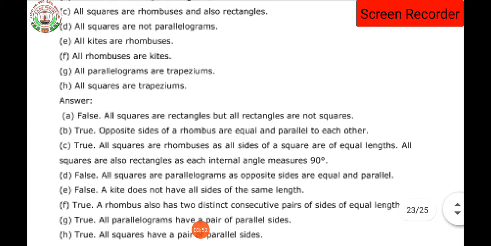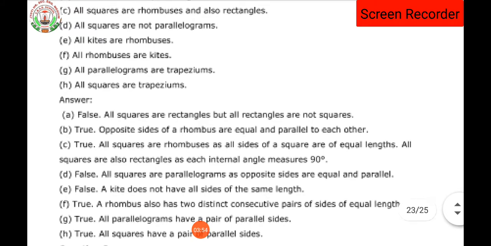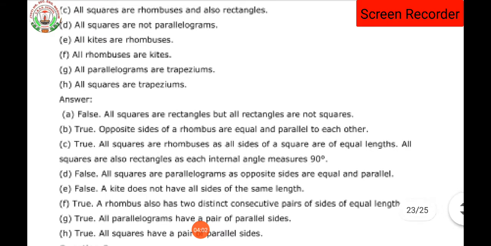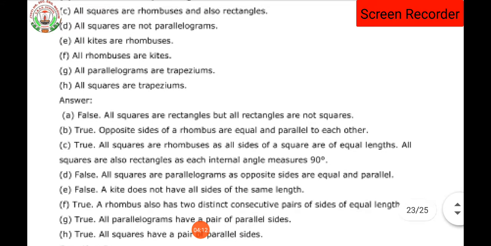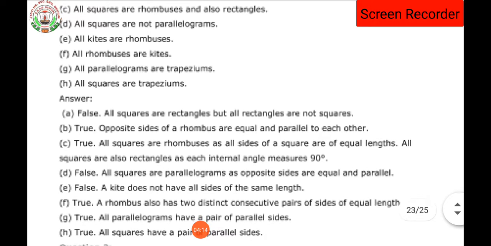The answer is true. A rhombus has two distinct consecutive pairs of sides of equal length. Next, part G: all parallelograms are trapeziums, as a parallelogram has a pair of parallel sides. Then the last, part H: all squares are trapeziums, as all squares have a pair of parallel sides.